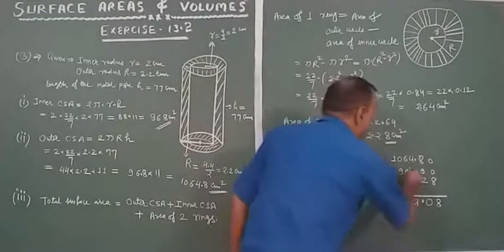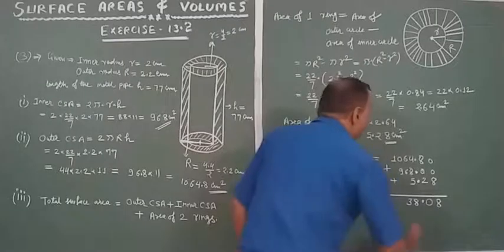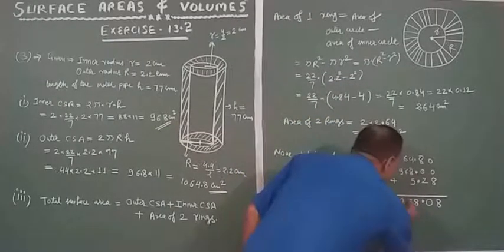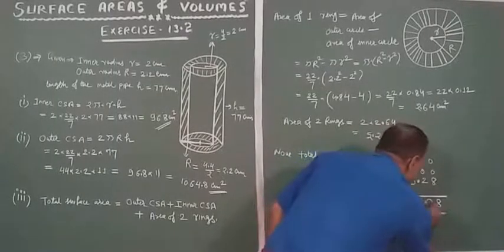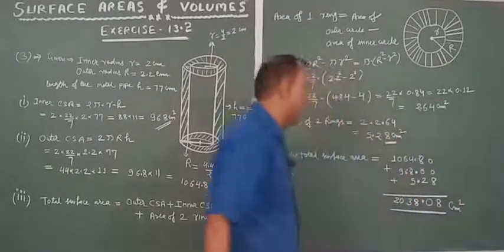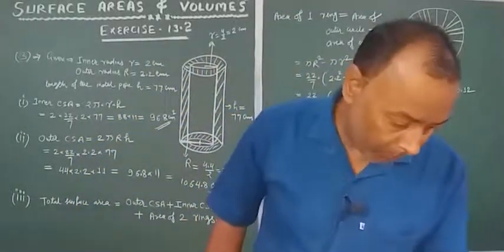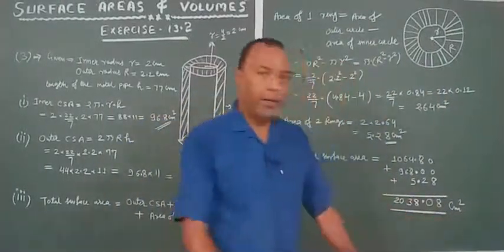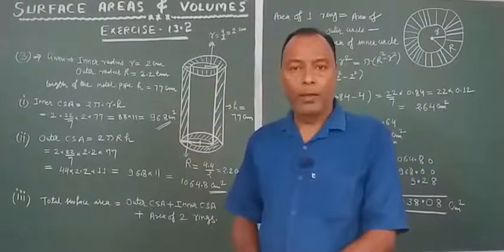Carry 1. 6 and 6 is 12 and 1 is 13, 1 and 10, 19 and this is 20, so 2038.08 centimeter square. So what is the total surface area? That is 2038.08 centimeter square. So that's all for today. Thank you very much.